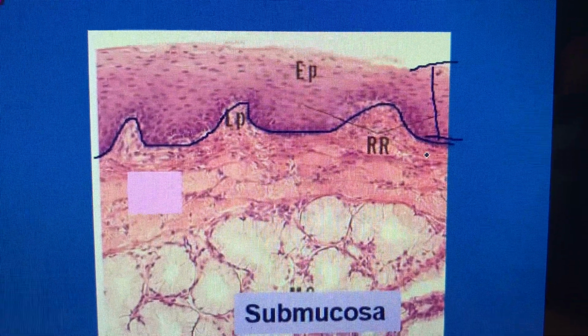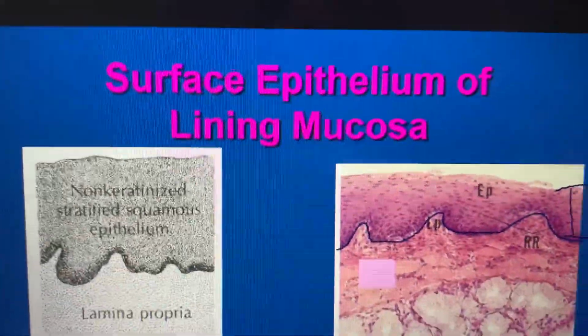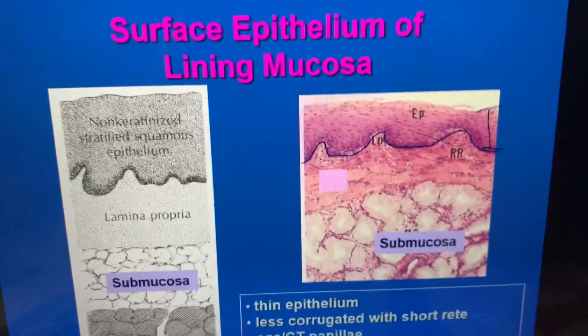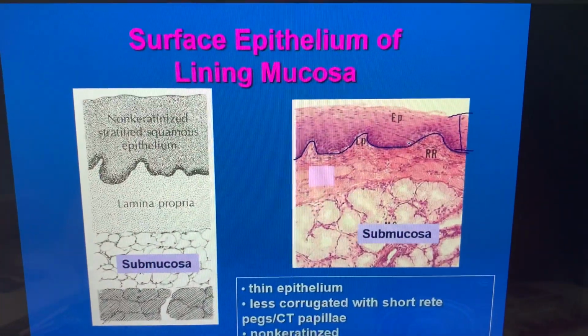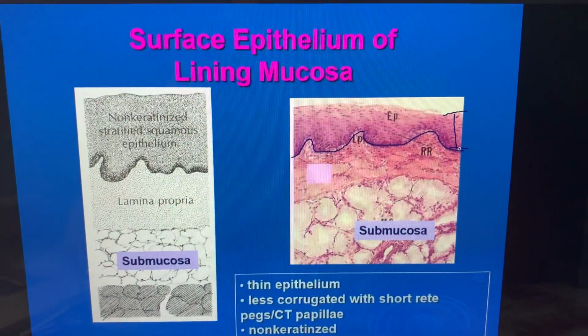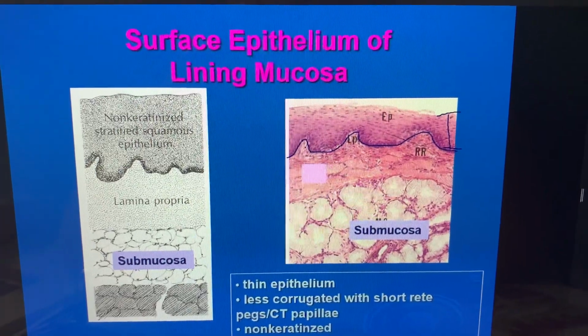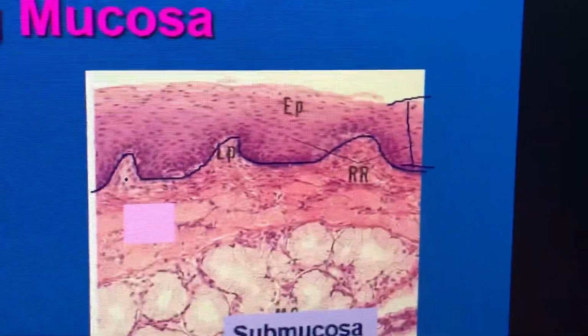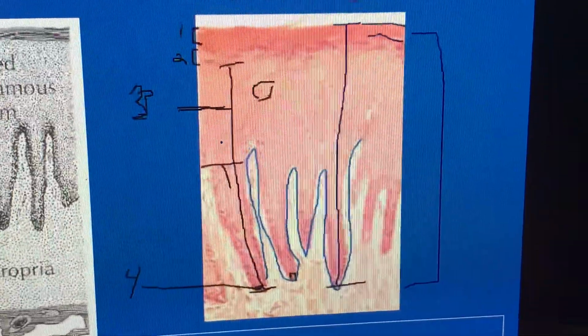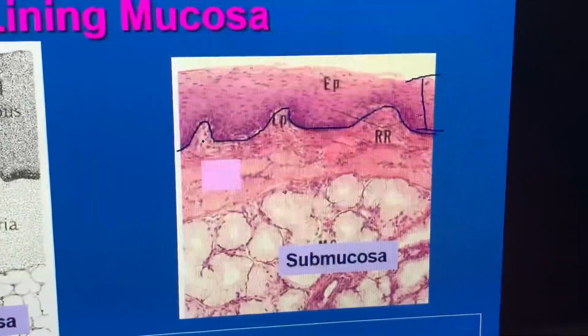It's not as thick as a general rule. It is corrugated, but it's usually not as corrugated. And the reedy pegs, we can always say, are shorter. Look how much shorter they are in that photo compared to the previous two photos.